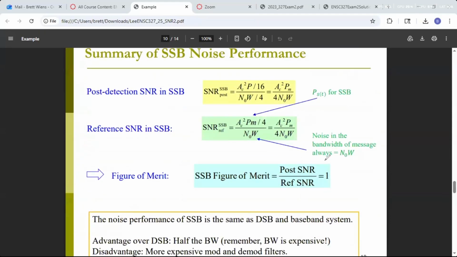We actually see that our figure of merit for the single sideband is exactly the same as for double sideband. In both cases, they don't waste any power, and in both cases, their SNR in the message domain, the signal power divided by the noise power in the message, will be the same as the signal power in the radio frequency divided by the noise power in the radio frequency.